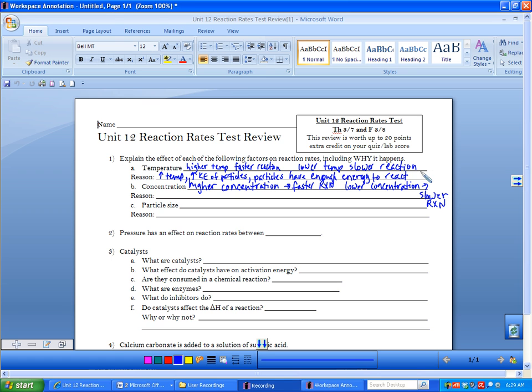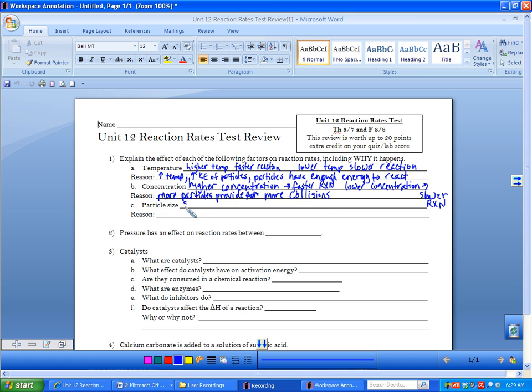Okay, the reason that occurs is if I have more particles, more particles will provide for more collisions. And it's all about the collisions. Have energy to make the reaction happen.